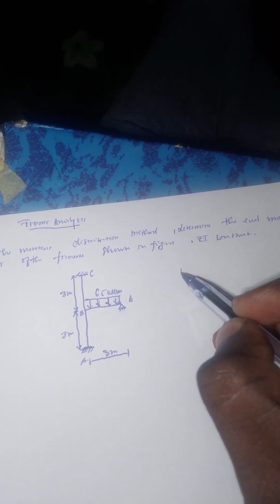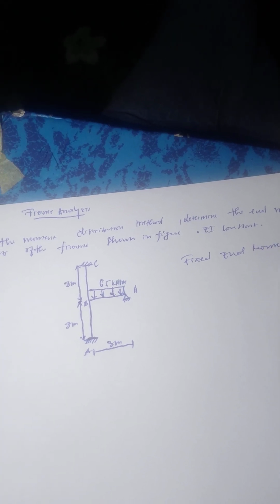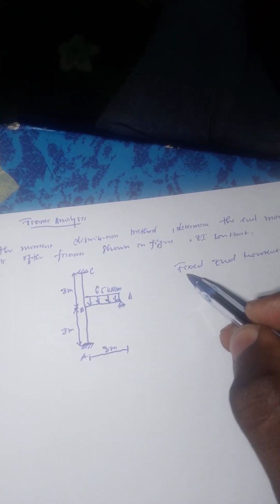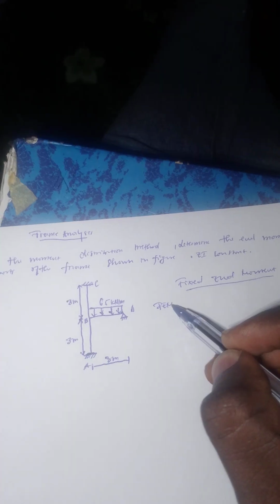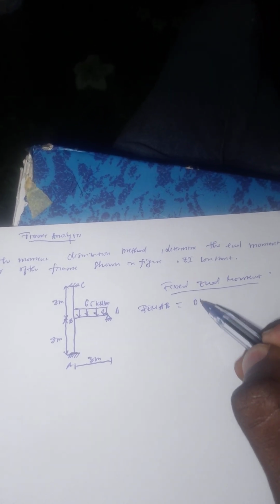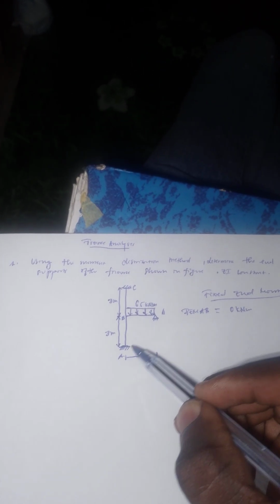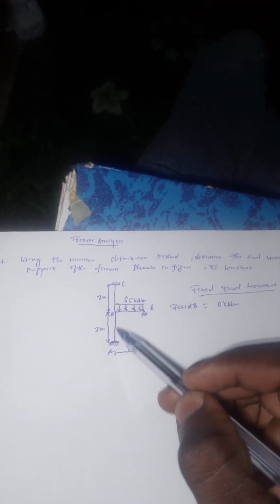We start to find the fixed end moment. Fixed end moment AB is equal to 0 kilonewton meter, because from point A up to point B there is no force acting on that frame.